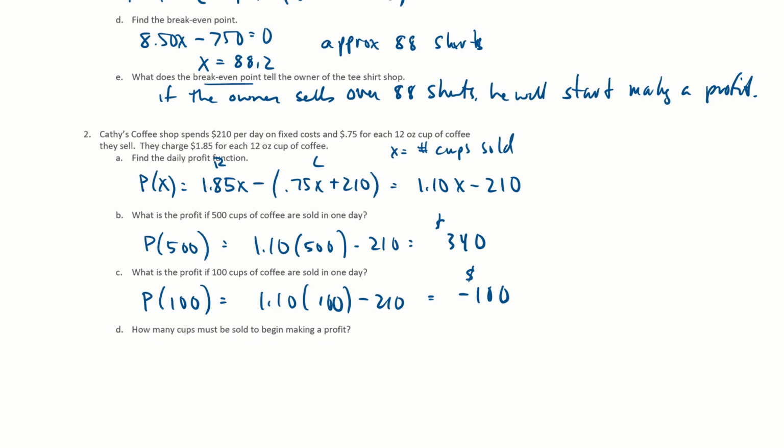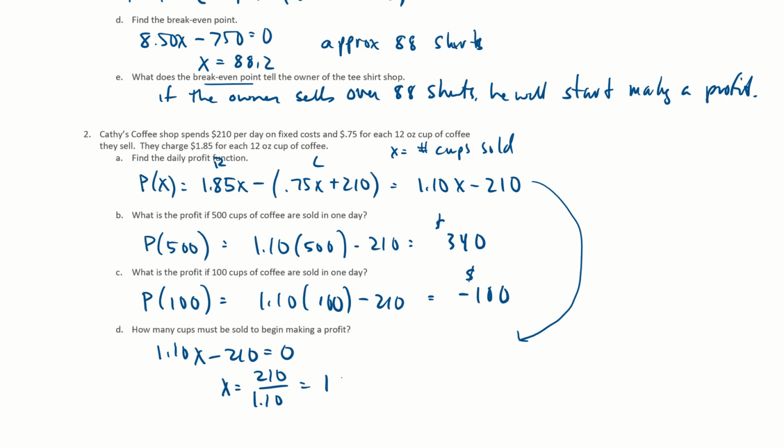How many cups must be sold to begin making a profit? Well, again, that's when the revenue and the cost are equal to each other, or when this is 0. So 1.10X minus 210 equals 0. So X would be 210 over 1.10, which is 191. Ooh, I'm pretty sure that's a decimal.